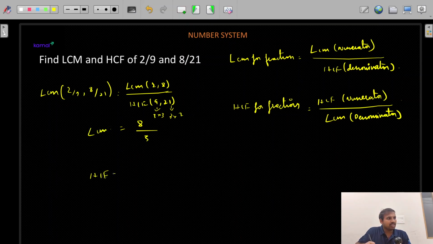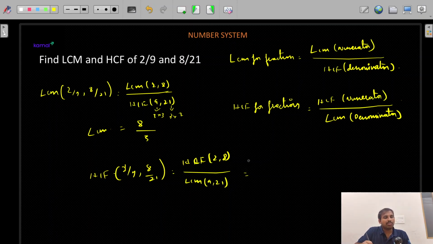Now for my HCF, for 2 by 9 comma 8 by 21, it is the HCF of 2 comma 8 divided by the LCM of 9 comma 21.